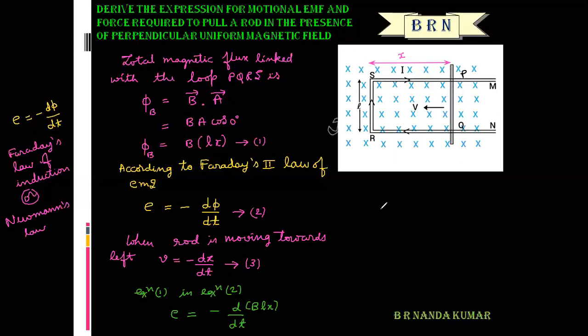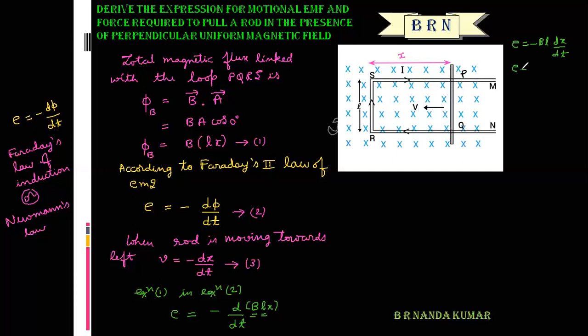While differentiating, the constant terms should be taken outside. Here the magnetic field B is constant, the length of the rod L is constant, but X is variable. So BL is taken outside: minus BL into dx by dt.